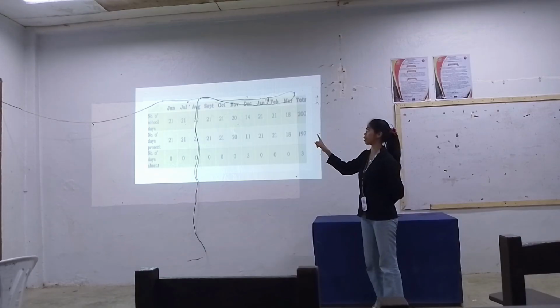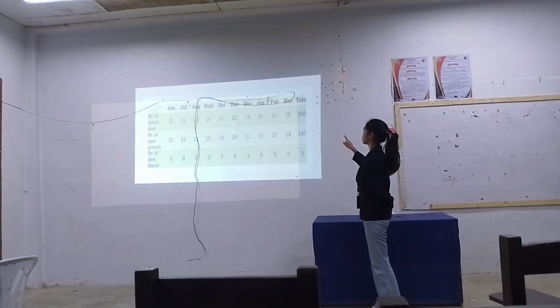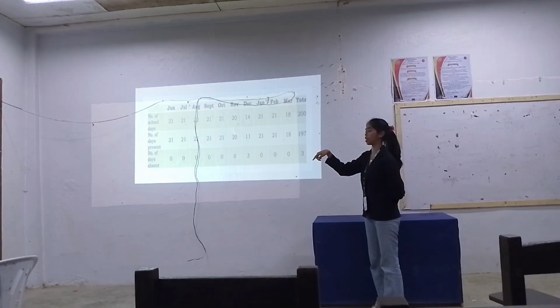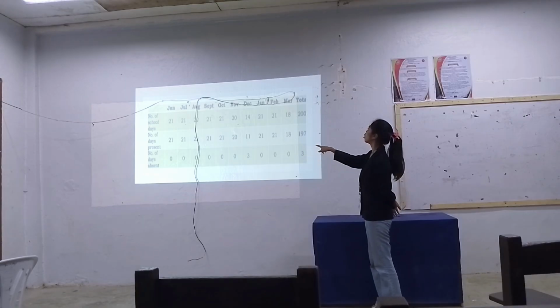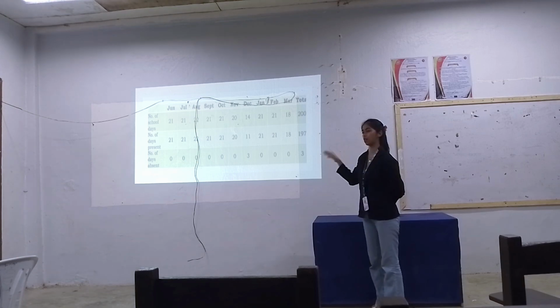The second line is the number of days the student was present, with a total at the very end of 197. And the last one is the number of days absent. So in this example, the student had a total of 3 absences during this academic year.